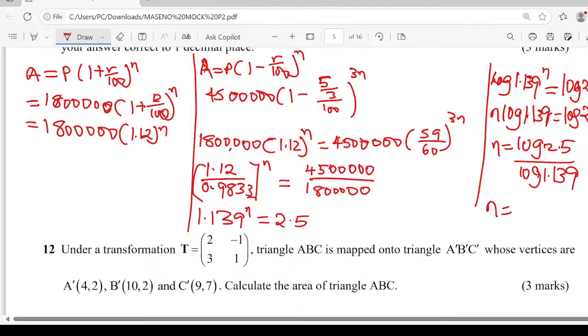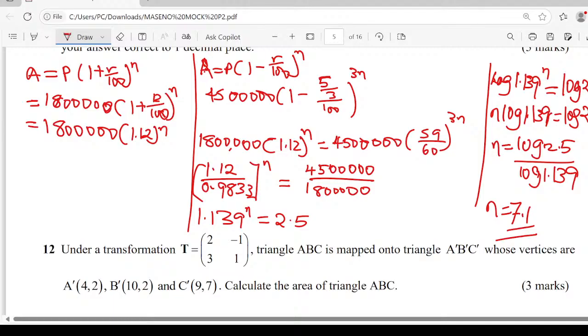When I divide it like that, I'm getting this as 7.04, but to 1 dp should be 7.1.